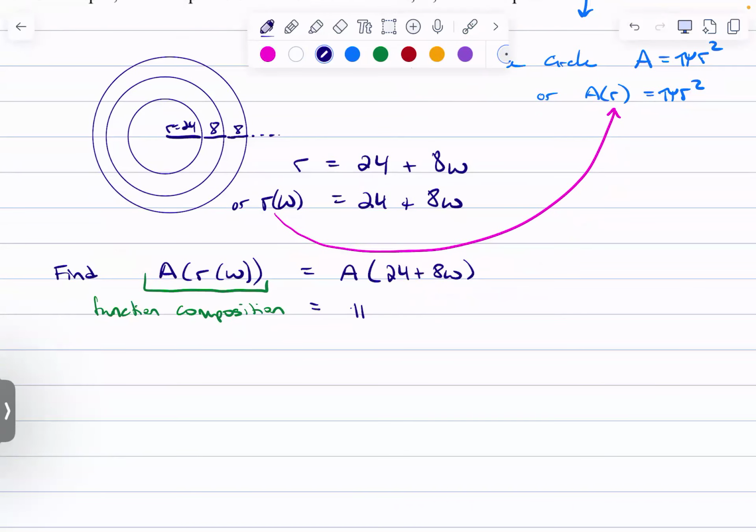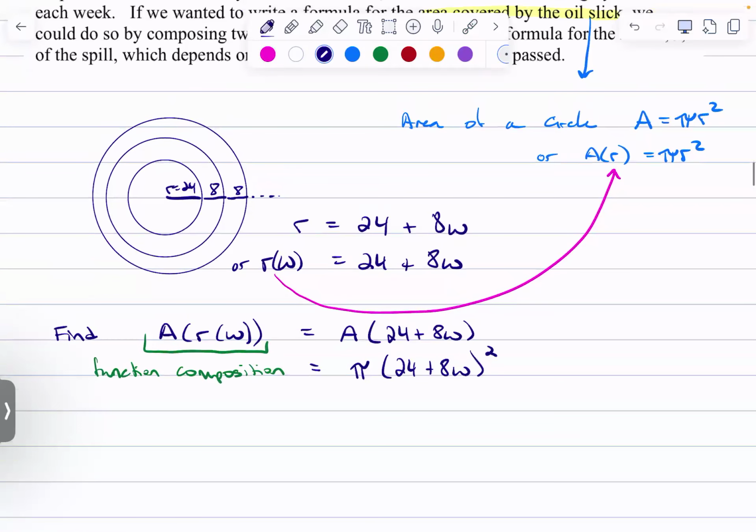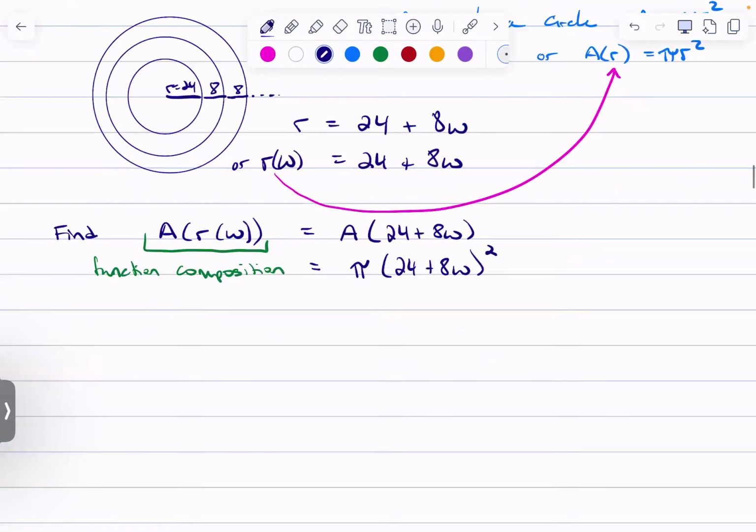Which means pi, and then wherever I see an R I replace it with 24 plus 8W, and then I have to square it. We're used to seeing X's, here we've got a W, and we can expand this thing. Let's do that, just for some practice.